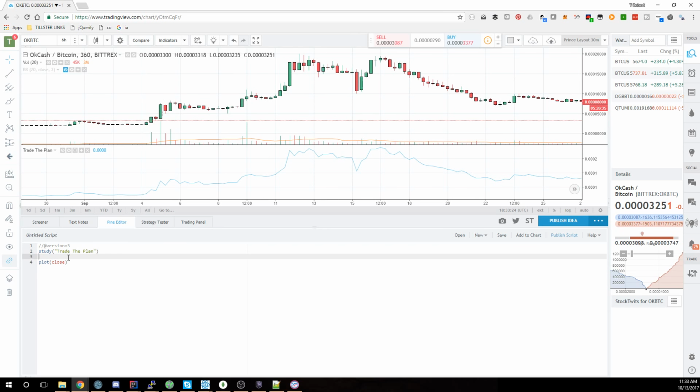So how would we do that? Well, we would say that the candle size is equal to the high minus the low. And then we would plot the candle size.